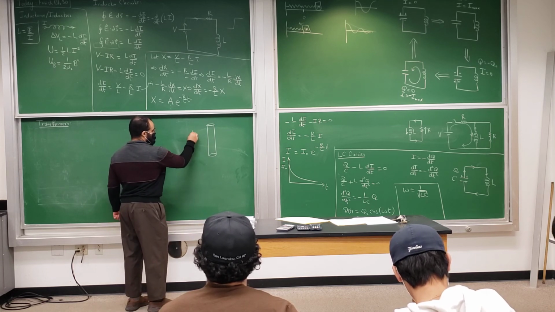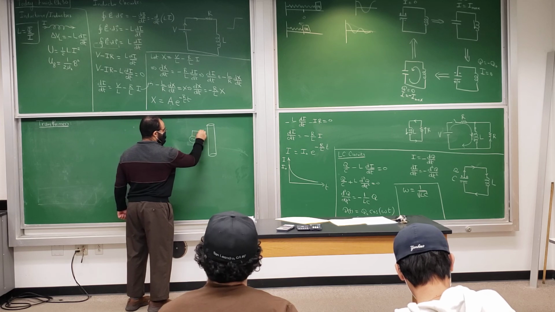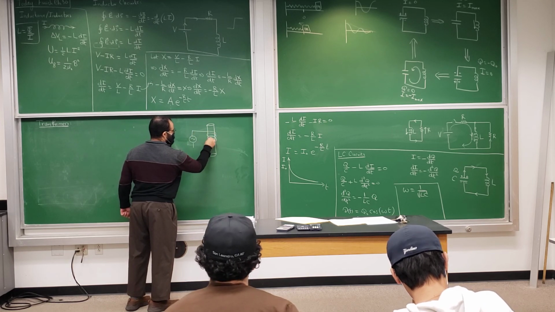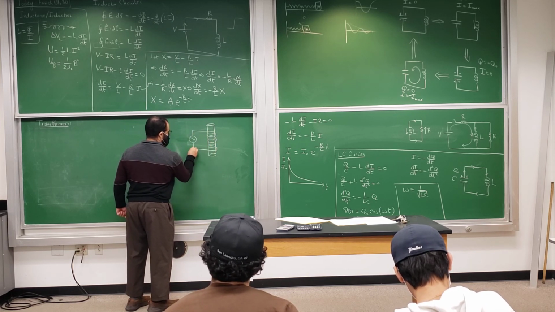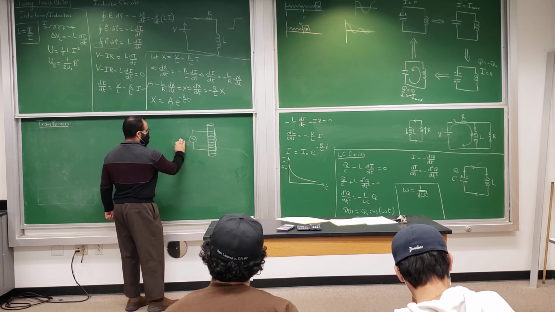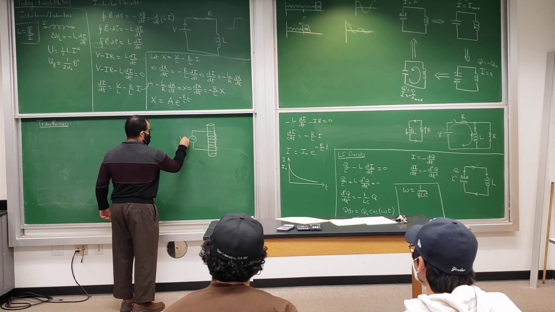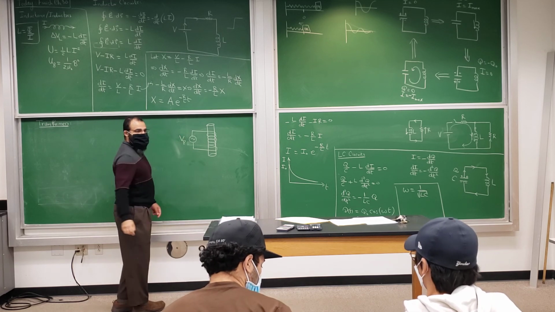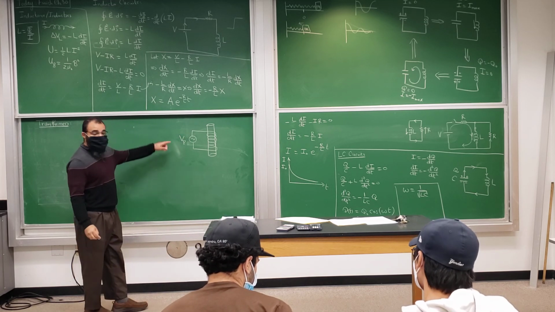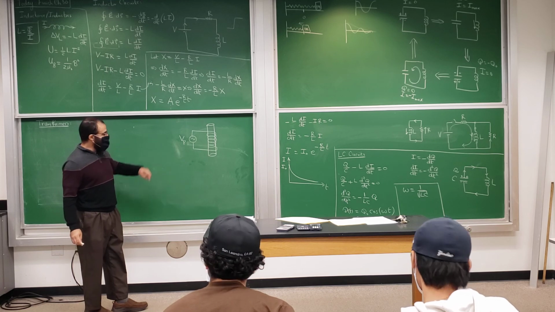So here's your AC source. Make some windings around this. And this is the voltage in this primary source called VP, the VP for primary. P for what? Primary. Good.